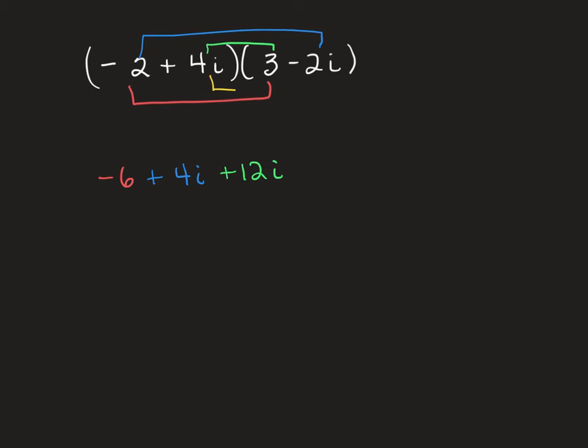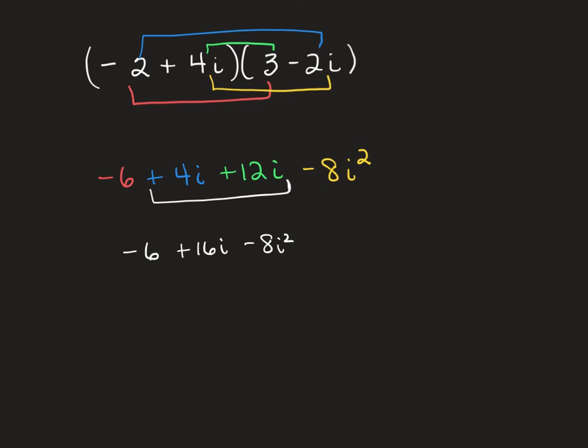And then these last numbers here, that's going to give me a negative 8i squared, because i times i is i squared. Okay. We're going to try to simplify this and look. So these two things right there, they're like terms, right? They both have an imaginary unit. I can combine them. So I'm down to negative 6, plus 16i minus 8i squared.